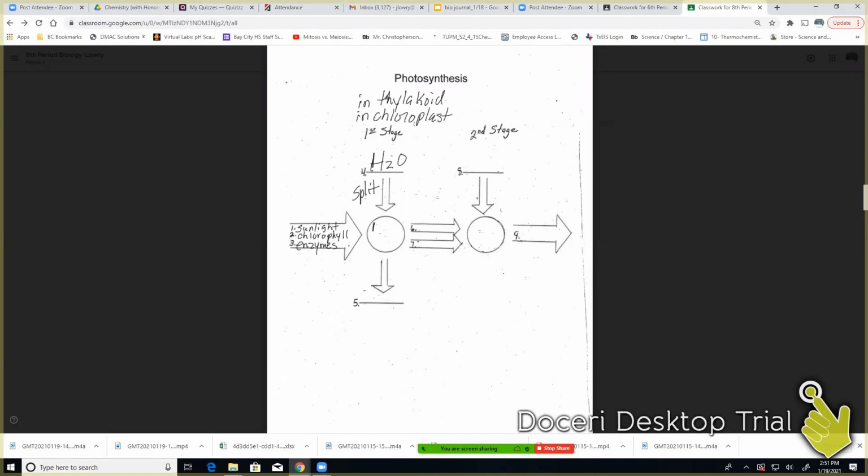And all of this is the light dependent reaction. I just put DEP and then RX for reaction. Number on these 1, 2, 3s. Okay, number 1 is sunlight. Tell me if you need me to spell any of them. Number 2 is chlorophyll. That's that green pigment. And number 3 is enzymes.